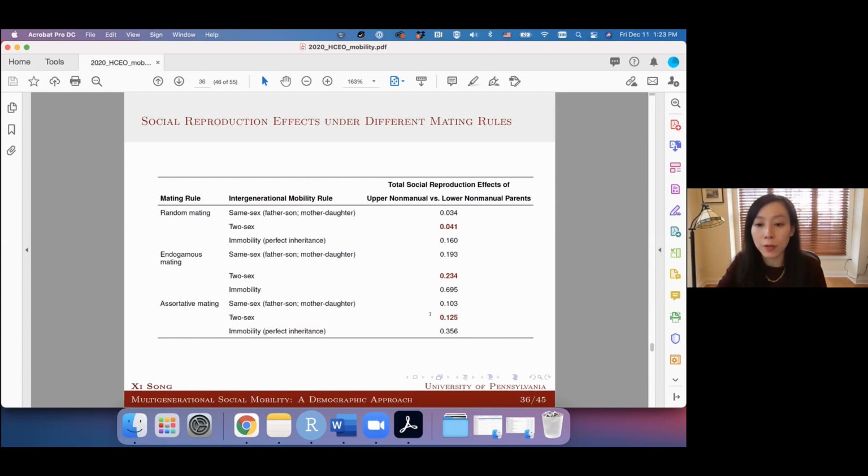And what we observe is typically a number in between. So if we consider other types of mating rules, it can give us the upper and lower bounds of these multi-generational effects. That's something I hope future studies can illustrate, rather than giving us just a single number without showing us where the bounds are.